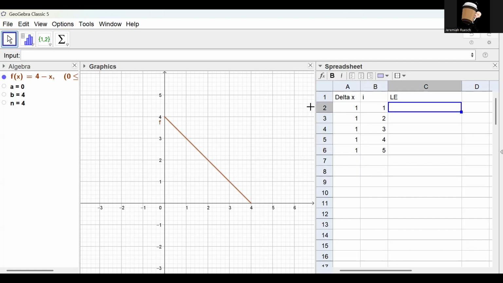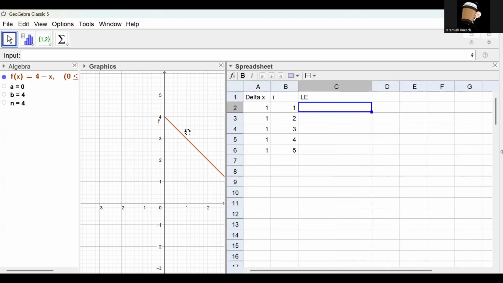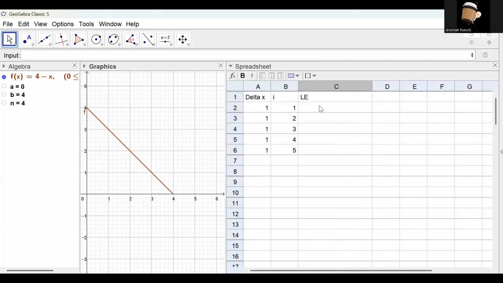Okay, so then the left endpoint, of course, would be, I'm going to pull this out too, just to give us a little bit more room to play. Okay, so the left endpoint would be A plus delta X, which is A2 times I, which is B2. Okay, there. And now we're just being a little bit more formal.